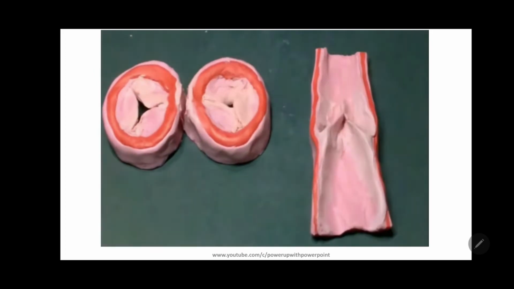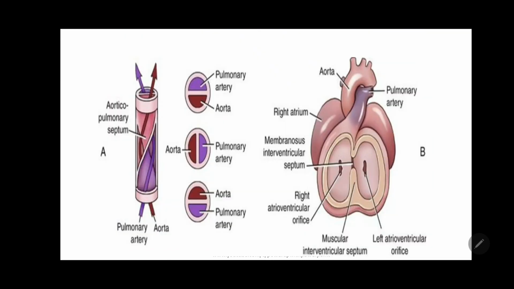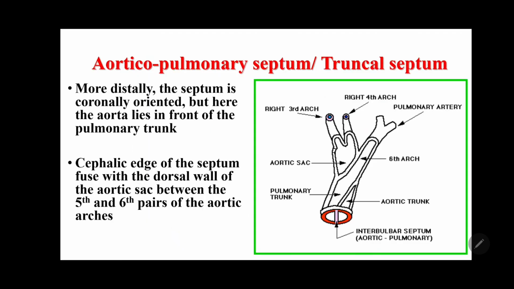You can notice. So you can see here, this is how the spiral septum is oriented. First it is coronally oriented, then sagittally oriented, again coronally oriented by the aorticopulmonary septum induced by the cardiac neural crest cells.